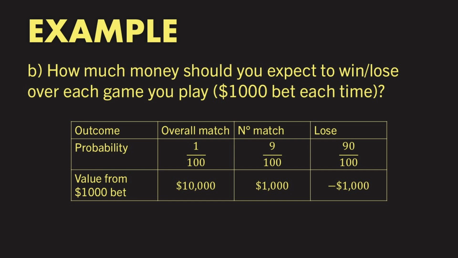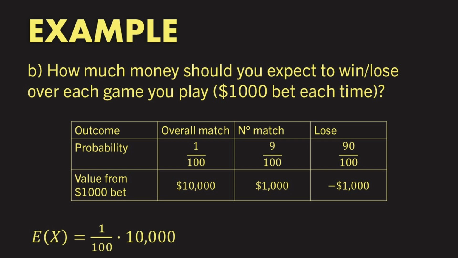The first outcome is winning completely, guessing the letter and guessing the number. That will give us $10,000 because we bet 1,000 and they say they are going to return 10 times what we bet. The probability of that is 1 over 100, so I need to do 1 over 100 times 10,000.